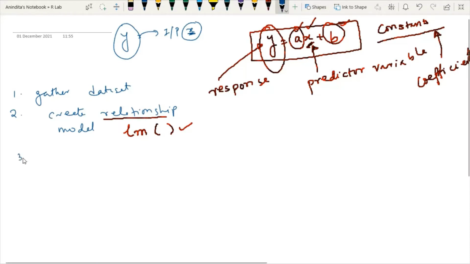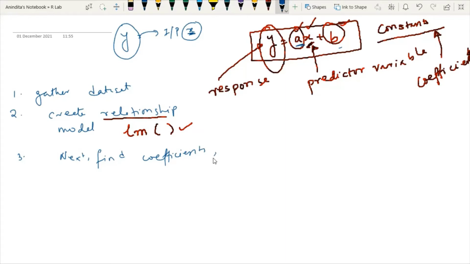Now come to the third step. The next step is to find coefficients with the help of the model and create the mathematical equation using the coefficients.